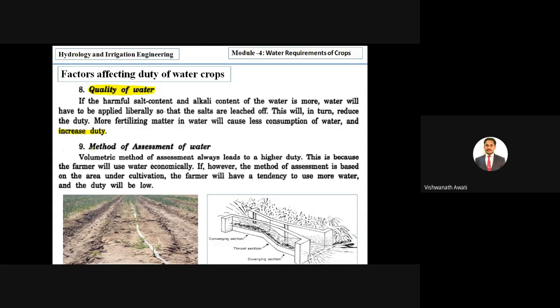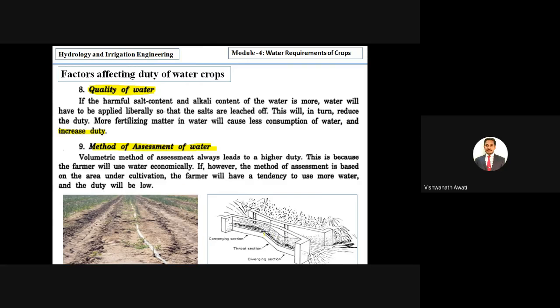Next, method of assessment of water. Assessment means calculation of water. Volumetric method of assessment always leads to higher duty. You can see here a small arrangement with a channel, or you can call it a notch.